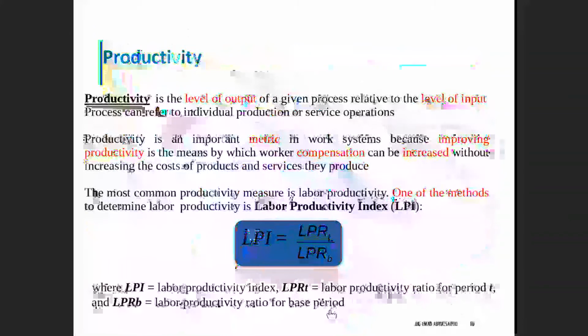LPRB is a ratio, for example, for 2019 or 2018, for a base period.